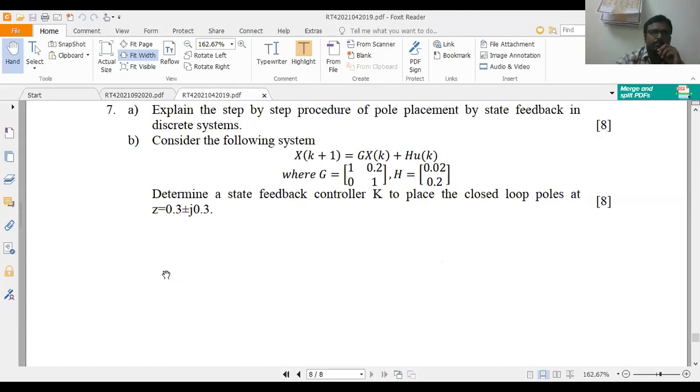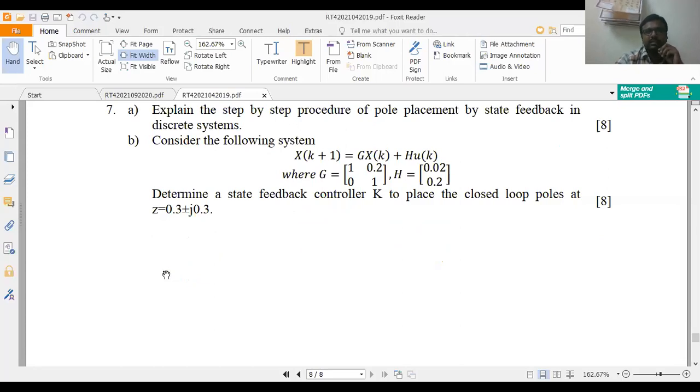one problem will come for definite. It is one set of problem only, whether it may be a 2 by 2 matrix or a 3 by 3 matrix. Only one set of problem is going to come from unit number 6. If a 2 by 2 matrix is given for calculation of the state feedback controller, it will be asked for 8 marks.